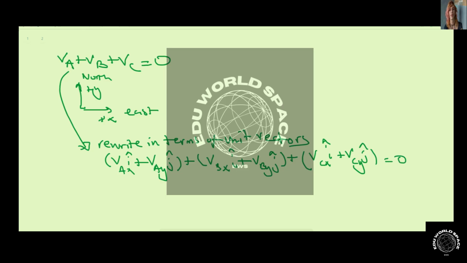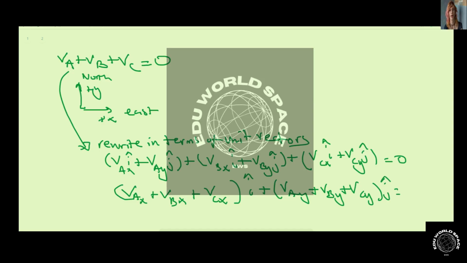And all of that is going to equal 0. And then we group them. Let's put all the i vectors together, combining them. And then we want to put all the j vectors together, j hat, that equals 0.